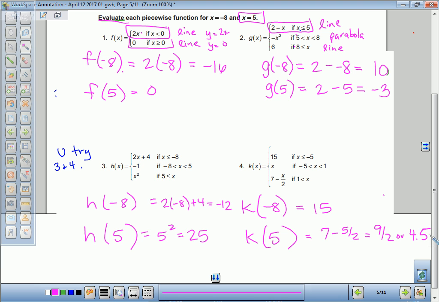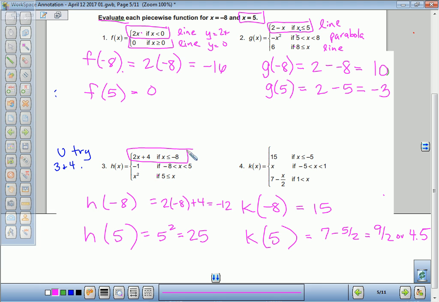Any questions? Yes, ma'am. How do you know which one to use? Okay, so -8. Does -8 fall in this interval, or that interval? The top one, because this is for x values that are less than or equal to -8.